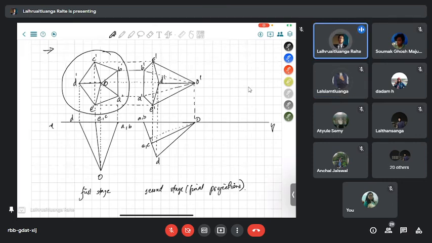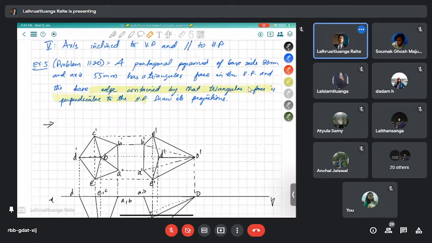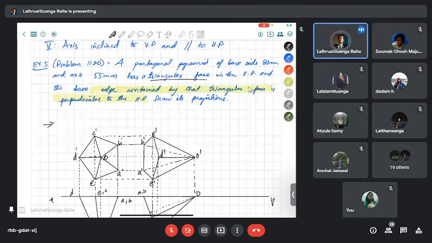The reason is the question. Let me repeat the whole question, okay? The question states that a pentagonal pyramid of base side 30 mm and axis 55 mm has a triangular face in the VP, right. When we look at the property of a pentagonal pyramid, it has 5 triangular faces, right?